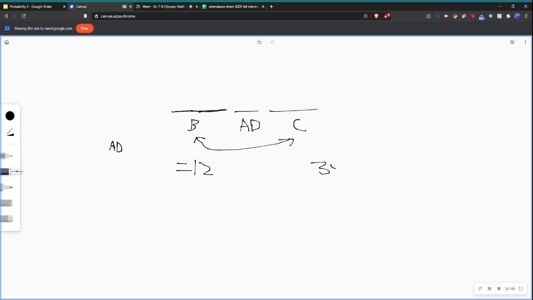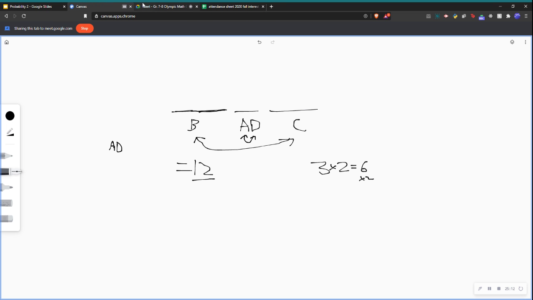That gives you 3 times 2, or 6 combinations. But you could also swap around Alice and David, so you have David and Alice instead. So you multiply this by 2 again, and that gives you 12. So that's 12 arrangements where they do sit beside each other.